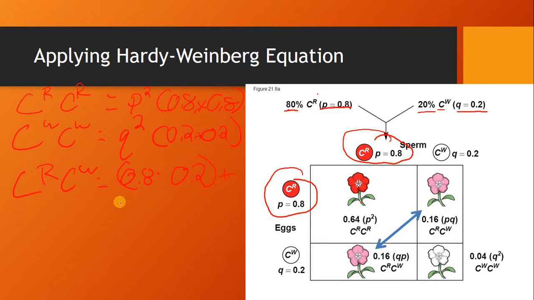But I also could have my sperm cell have a white allele, and my egg cell have a red allele. So, if 0.8 was represented by P, and 0.2 is represented by Q, P times Q plus P times Q, or 2PQ.